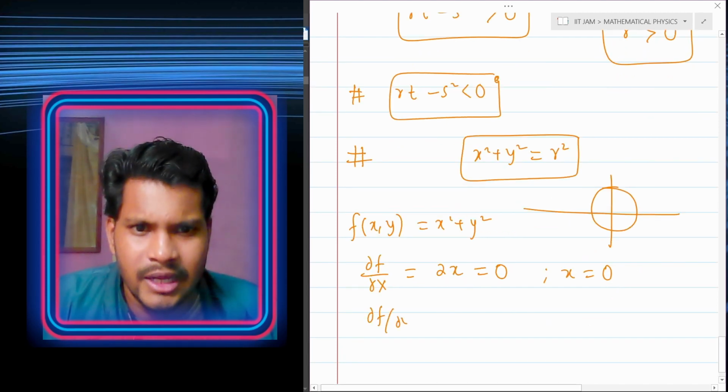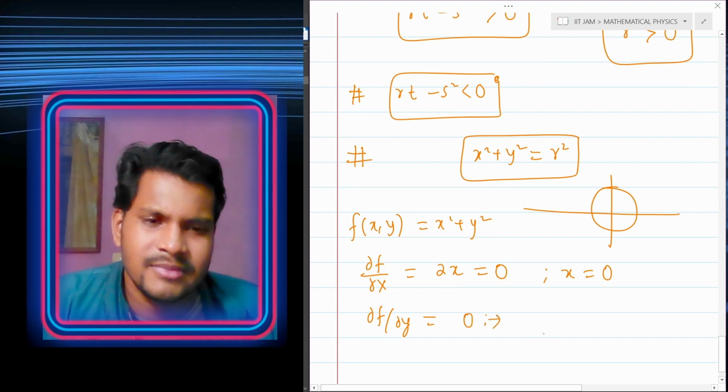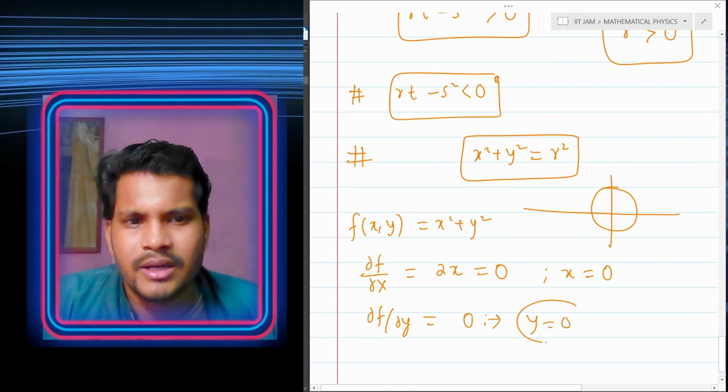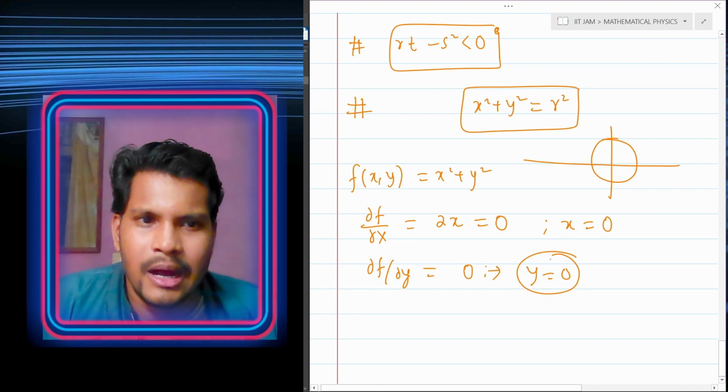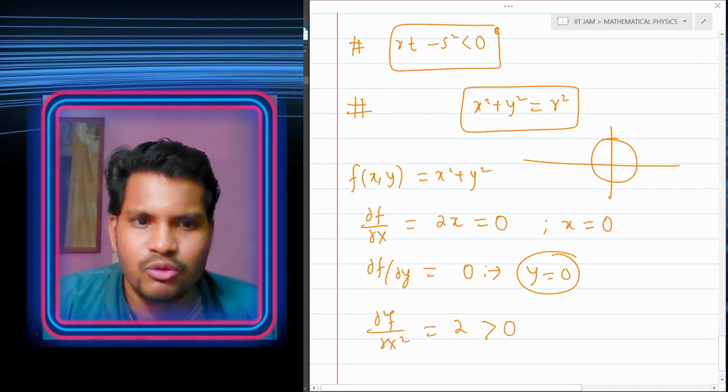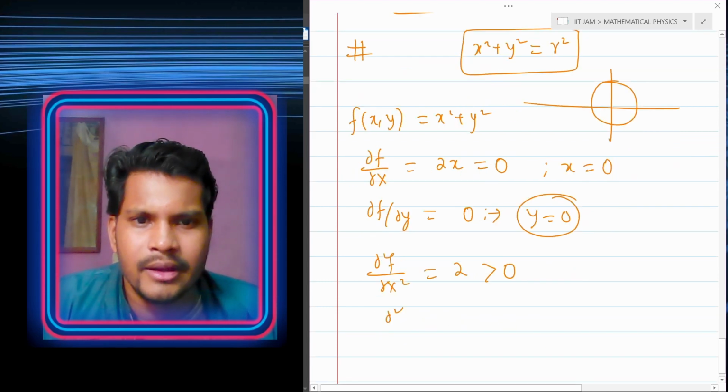On the other hand, del f over del y is equal to 0, so again y is equal to 0, correct? So if you want to find d2f over dx square, then you can say 2, which is greater than 0. And del 2f over del y square is again 2, which is greater than 0, no problem.